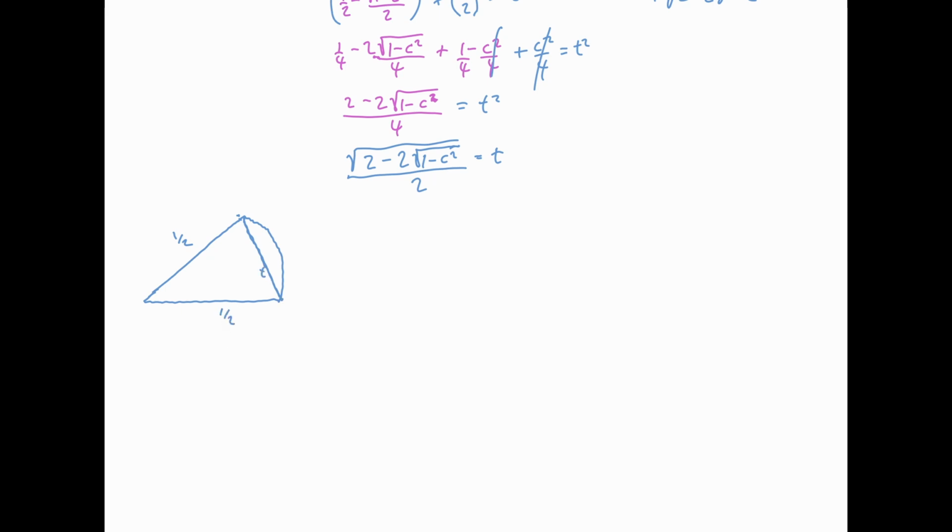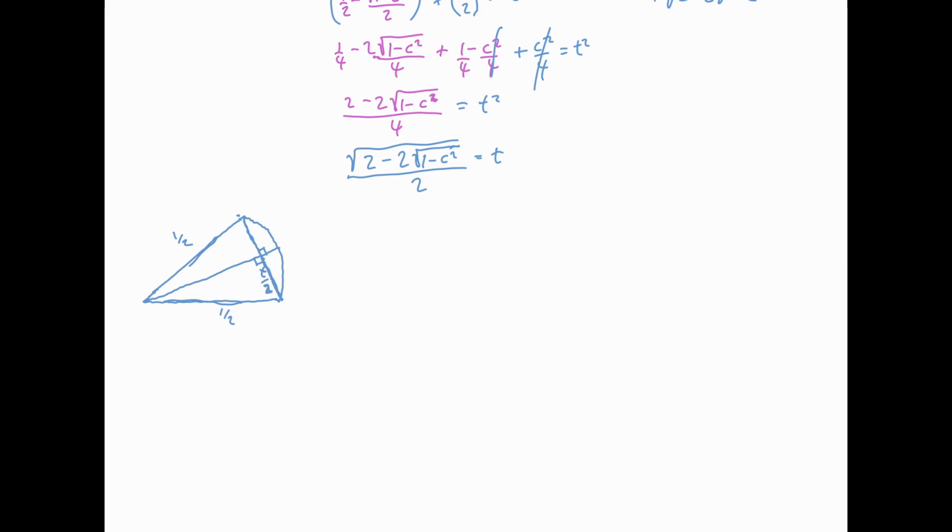So if I want to make a polygon with 16 sides, I have to bisect this one. And since we're bisecting this triangle with the same lengths on this side and on this side, that means that this is going to be a right angle, just like before. And this length here for this side is going to be t over 2, t divided by 2.